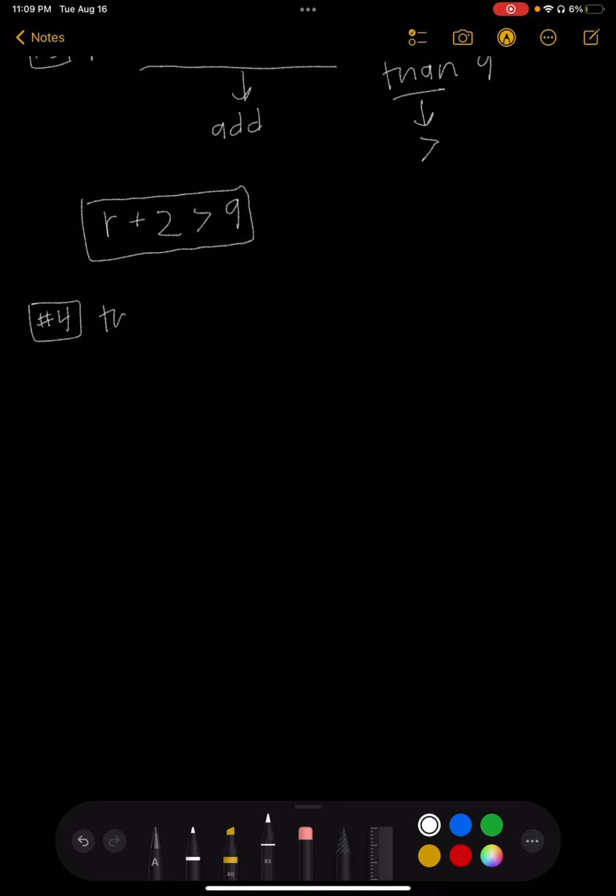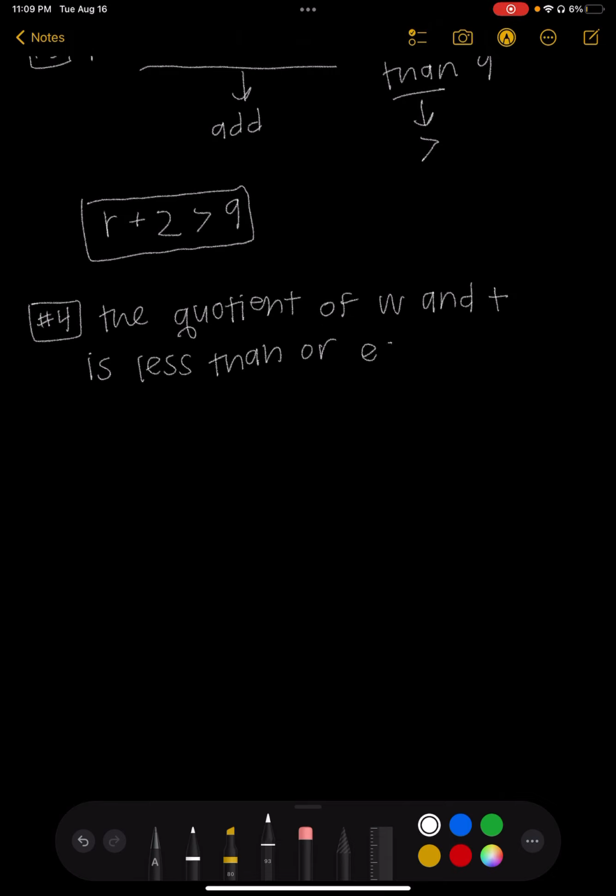All right, let's go through one more example. Let's see, so it says the quotient of w and t is less than or equal to p. Okay, so we know quotient is divide.